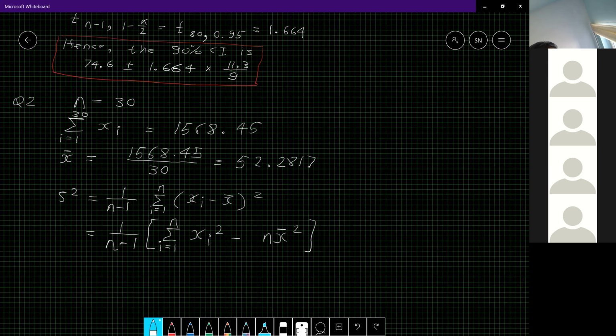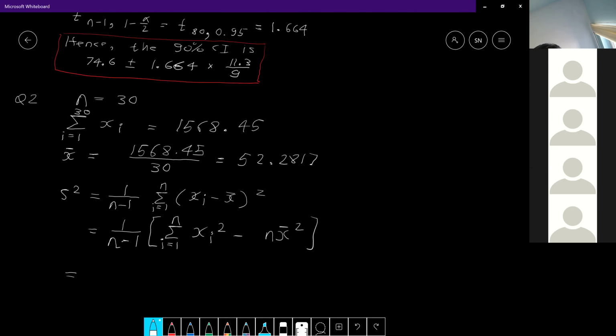Now you should sub in the information that is given to you. n minus 1 will be 30 minus 1, which is 29. The sum of xi squared is already given as 83,000 and this number here.